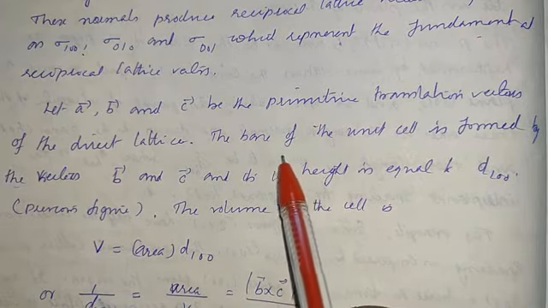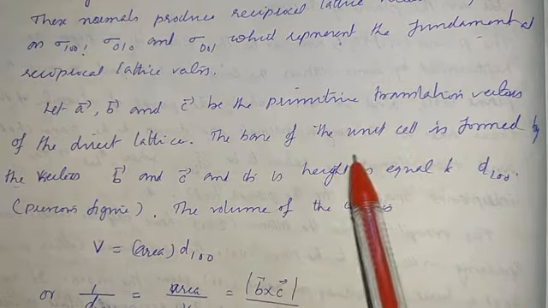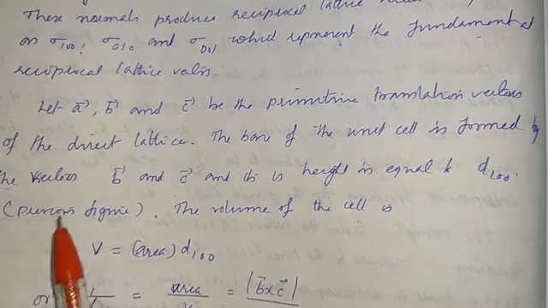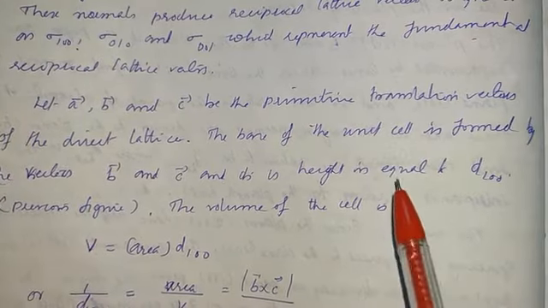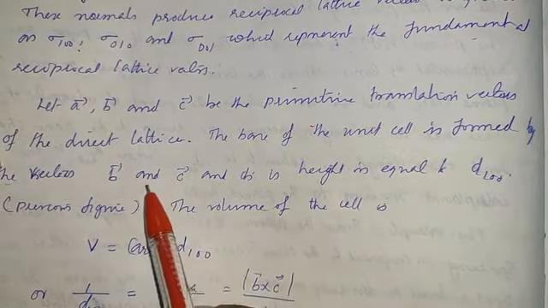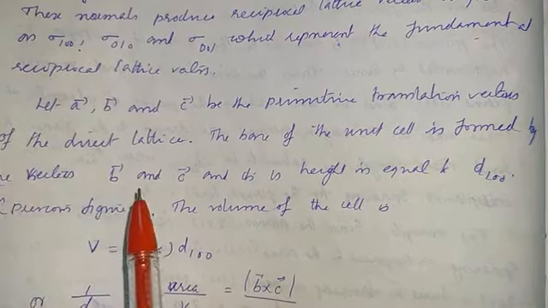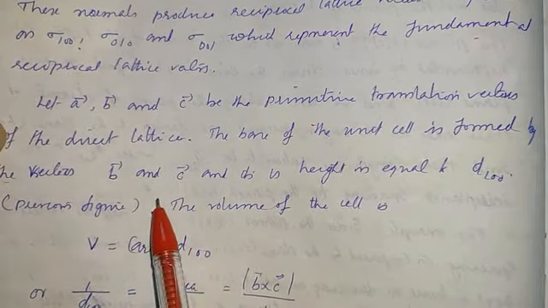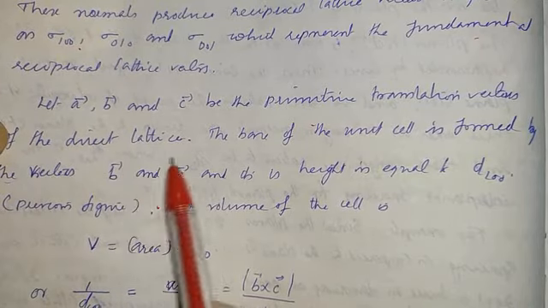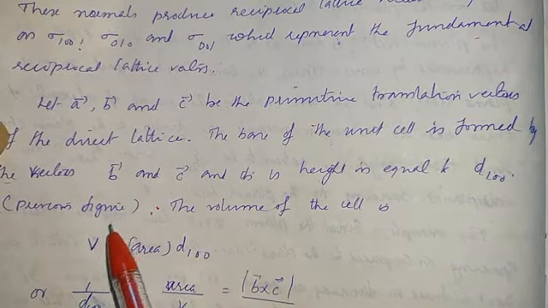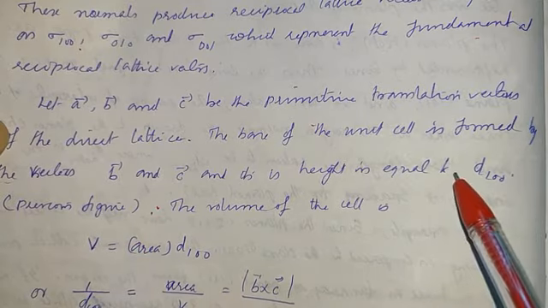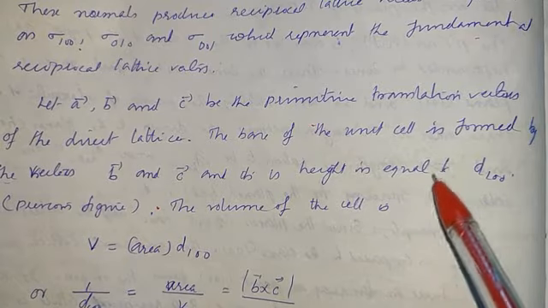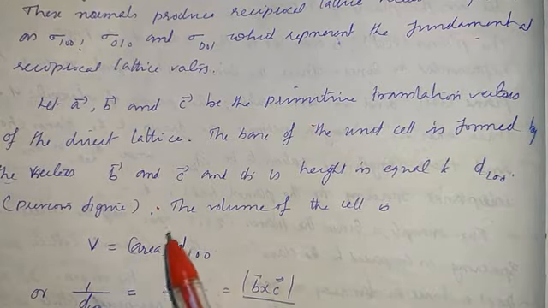So the base of this unit cell is formed by vectors B and C, just as we showed in the previous figure, and its height D100 means the interplanar spacing between these two planes formed by B and C.